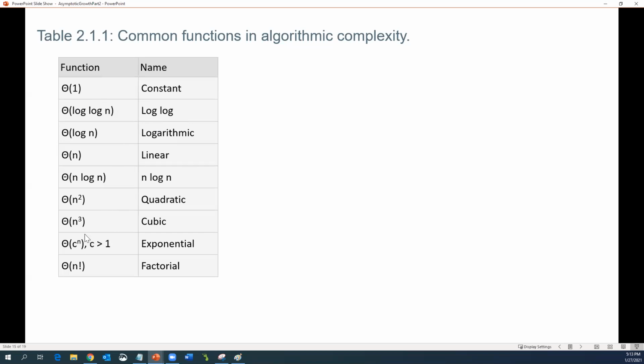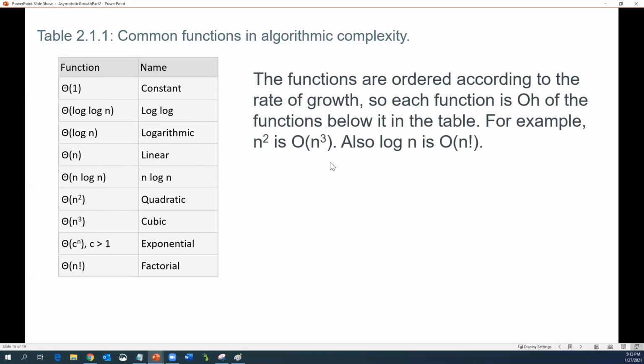And just so that we see this order, as we kind of saw when we looked at the graphs the other day, it's true that this is in the right order, so that each function is O of the functions below it in the table.